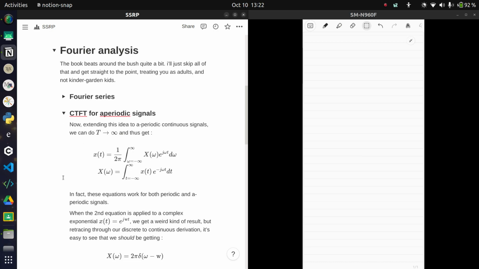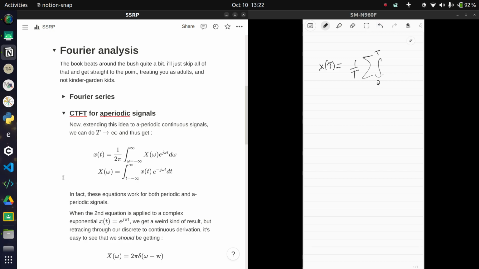Of course, we can just extend the Fourier series to it. So you had x of t is equal to the summation of, well, you have 1 upon T over there, summation of this integral thing, which let's just call x of omega. Okay, no, let's actually go for it the correct way.